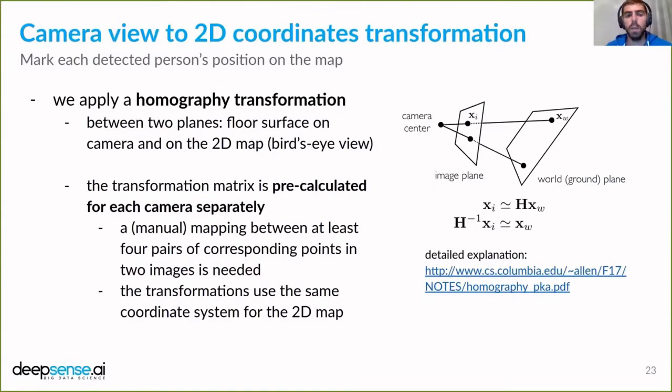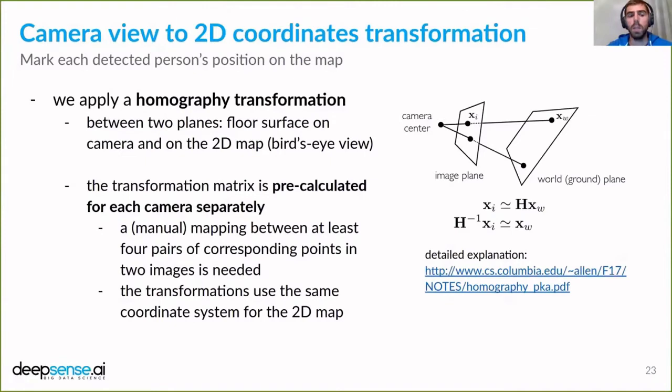This is a transformation that transforms each pixel from one plane to another, these planes being the floor surface seen from the camera and the same floor seen from the bird's eye view on the 2D map.